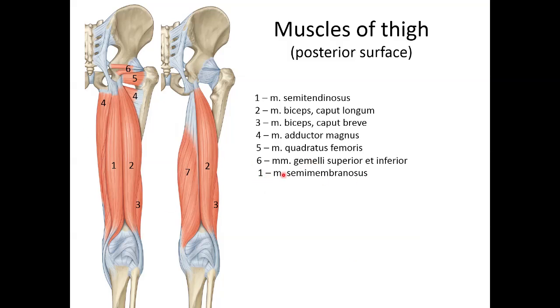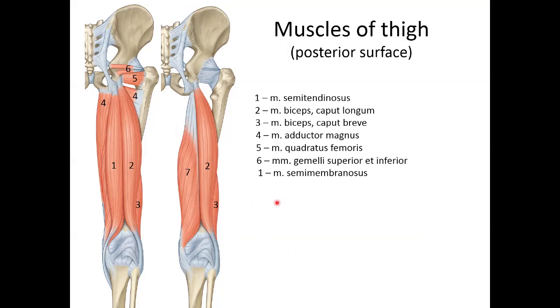We should correct. It should be number 7, semimembranosus. Musculus semimembranosus. Why such a name? Semimembranosus, in translation, means a muscle which has half of its length formed by tendon, and this tendon is wide and thin as a membrane.